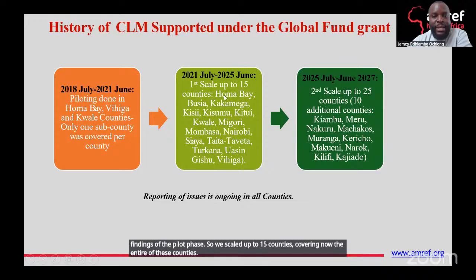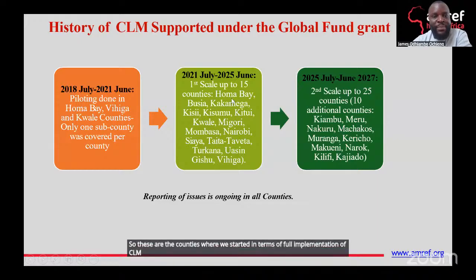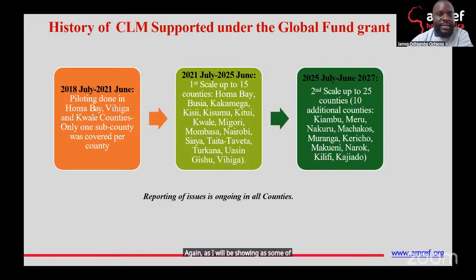So these are the counties where we started in terms of full implementation of CLM. We have Homa Bay, Busia, Kakamega, Kisii, Kisumu, Kitui, Kwale, Migori, Mombasa, Nairobi, Siaya, Taita Taveta, Turkana, and finally Uasin Gishu.